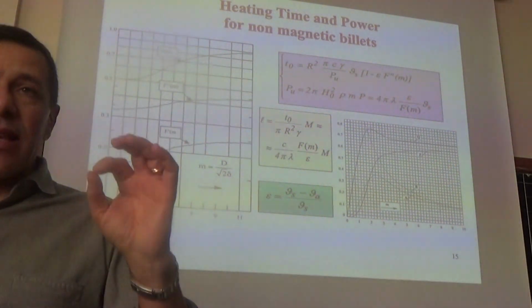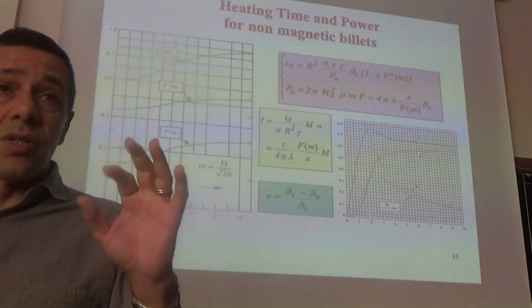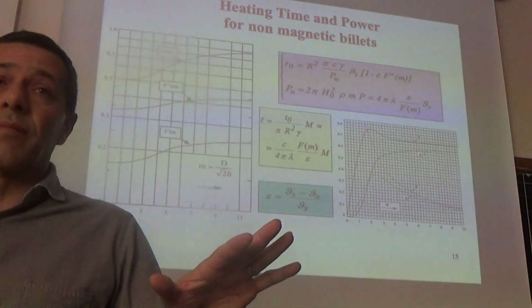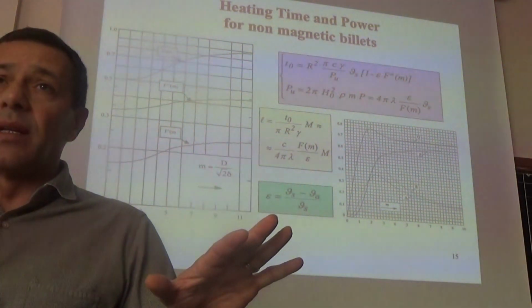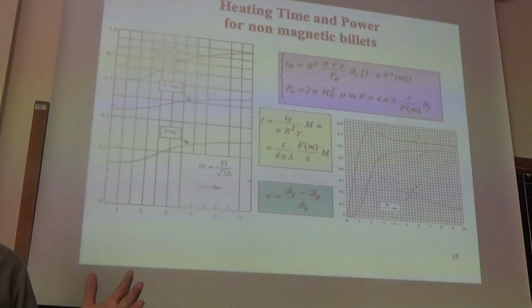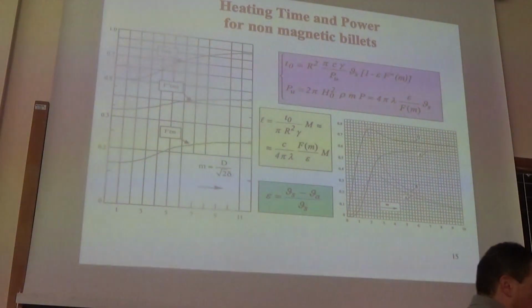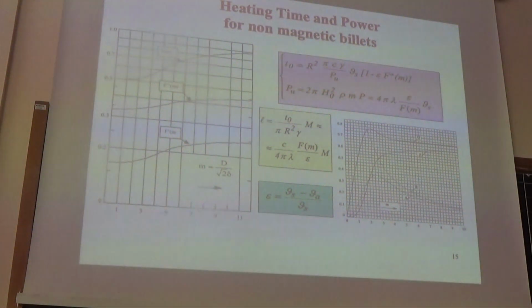From the theoretical point of view, we are not taking into account the heat losses from the surface of the workpiece, from the surface of the billet. So we are speaking about an adiabatic process. And we are dealing with only one step heating.